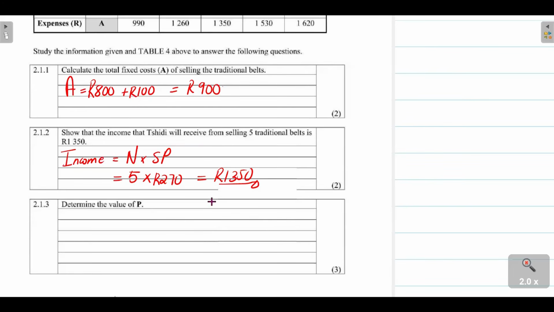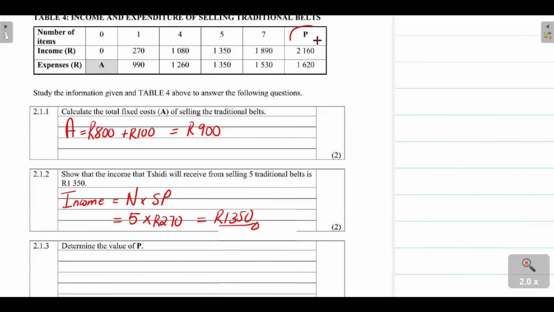Okay, last question, 2.1.3. Determine the value of P. All right, so here we need to think. How do you think we need to go about calculating that missing value P? Ma'am, I think we have to apply the method you introduced to us of solving for an unknown item.